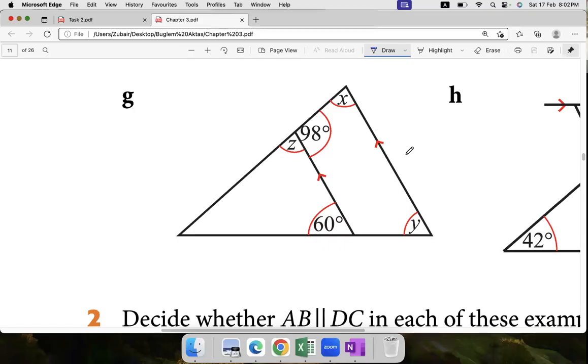Are x and y equal? No, I know that z is 82. Correct. Name of properties, they lie on straight line. Hold on.